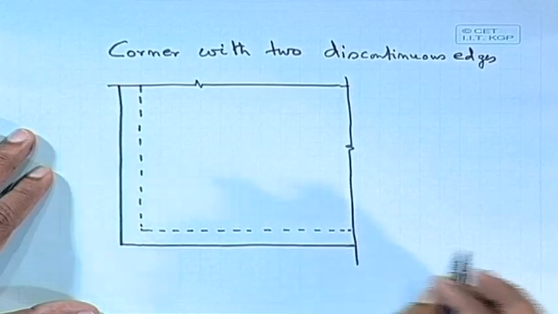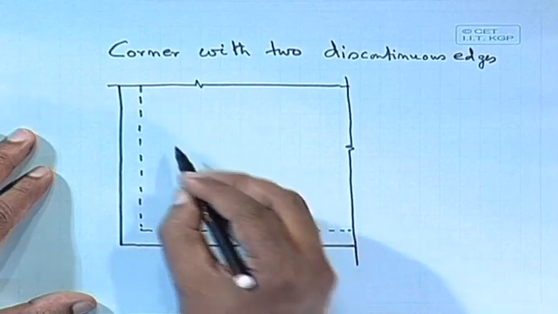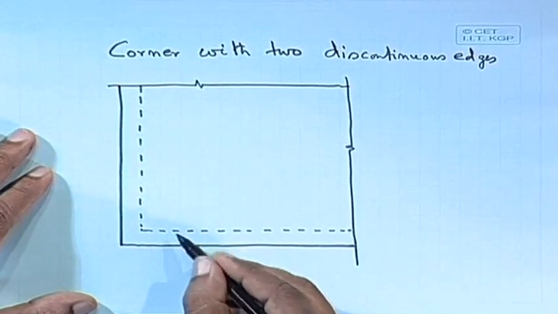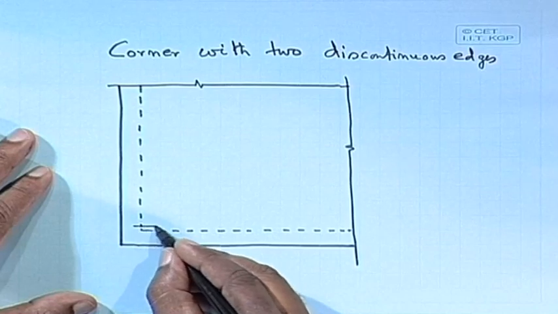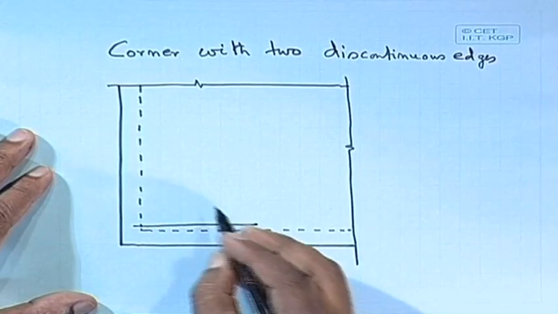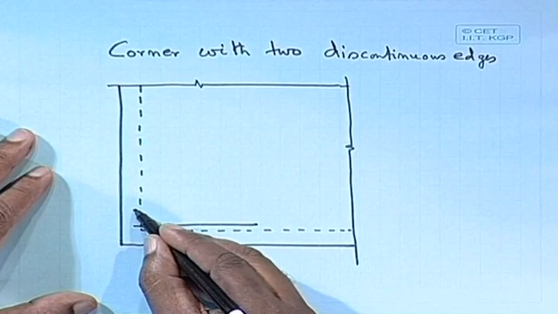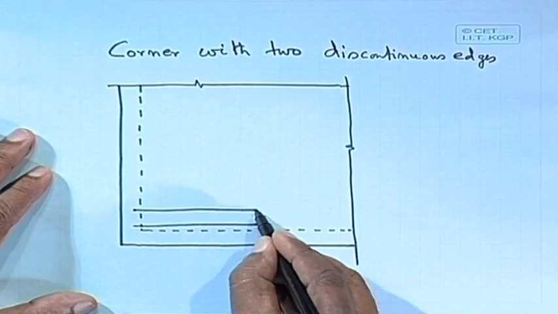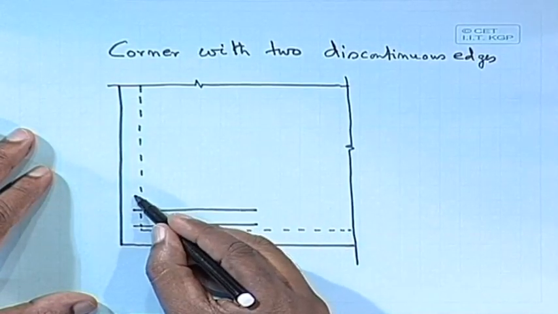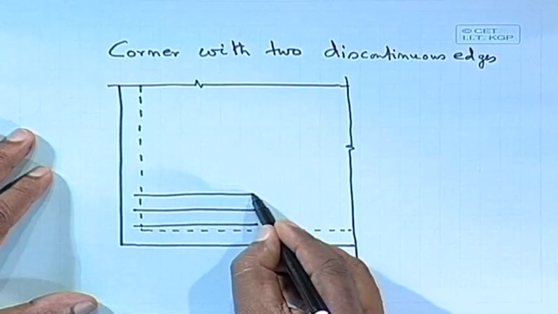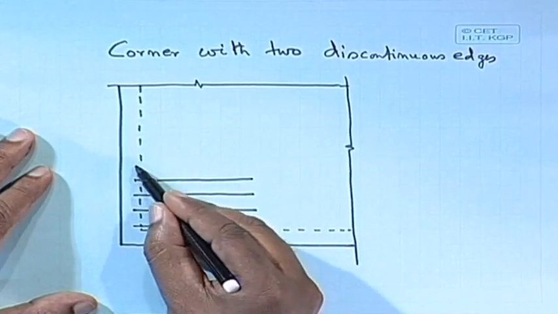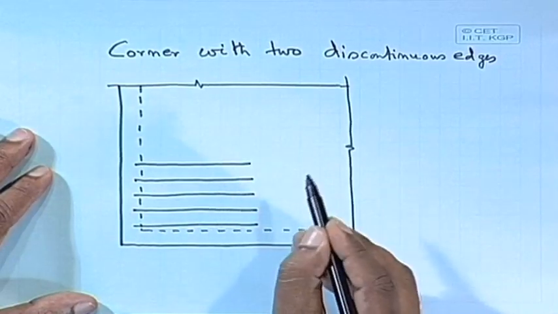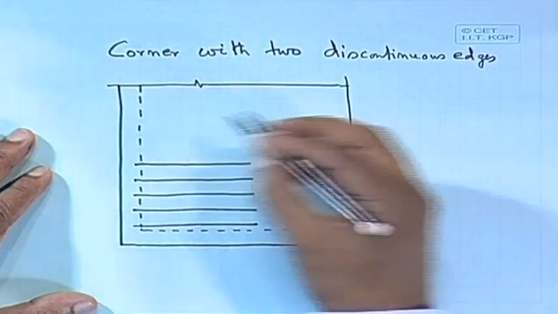So, what we can do here is start here. The corner reinforcement you can provide, and the other side also.